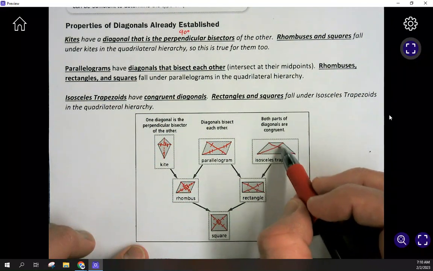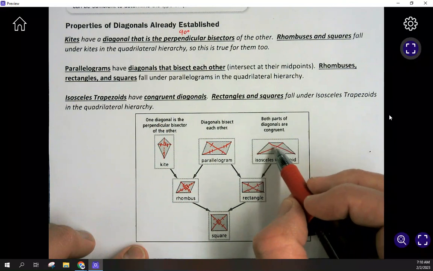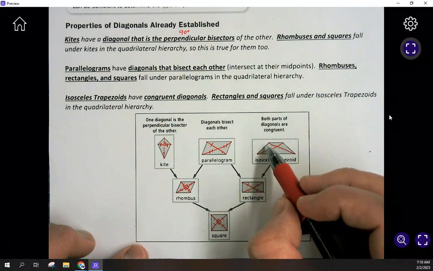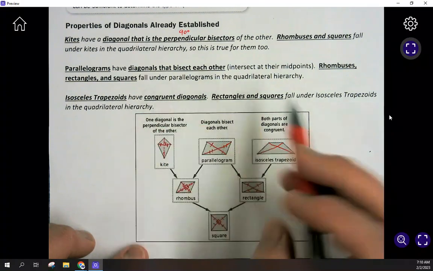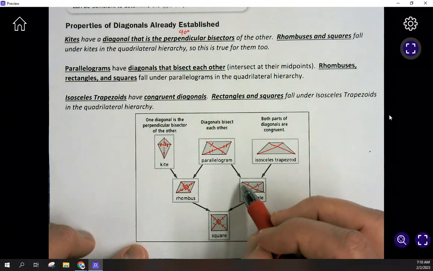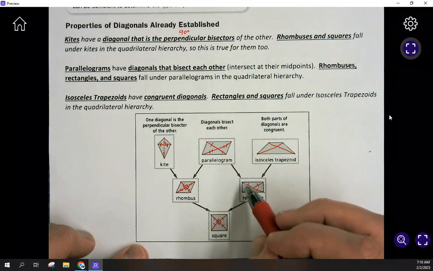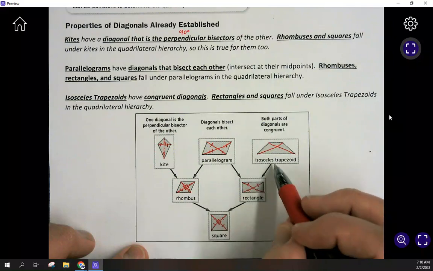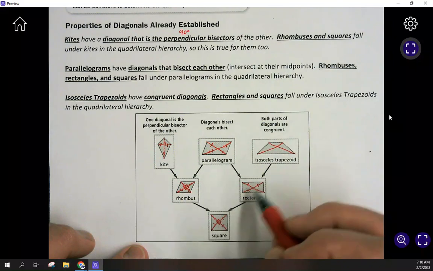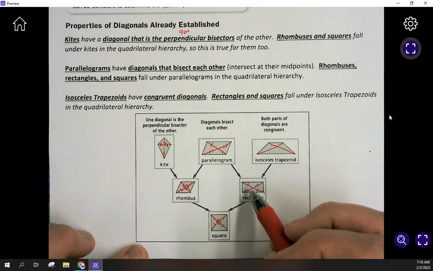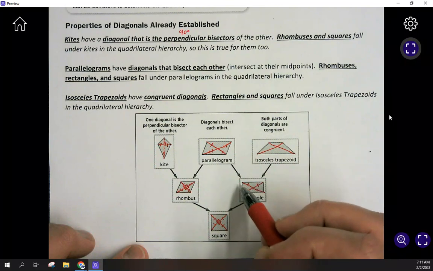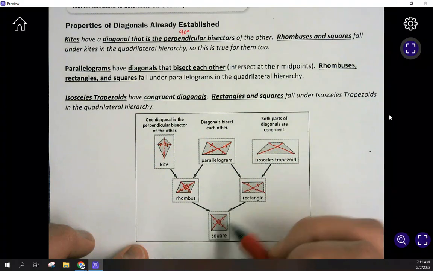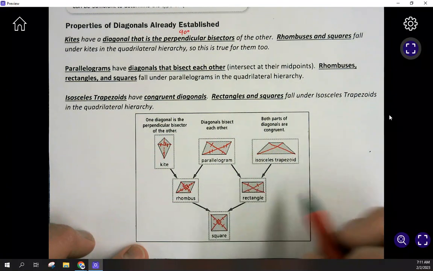You're going to have a lot shorter pieces up top, but the total length of the diagonals are equal. They're congruent, and that's why when you have a rectangle and a square, their diagonals are congruent because they fall underneath the isosceles trapezoid here, but they also get bisected. So if they're the same length diagonals and they get bisected, you're going to end up with 4 equal pieces.